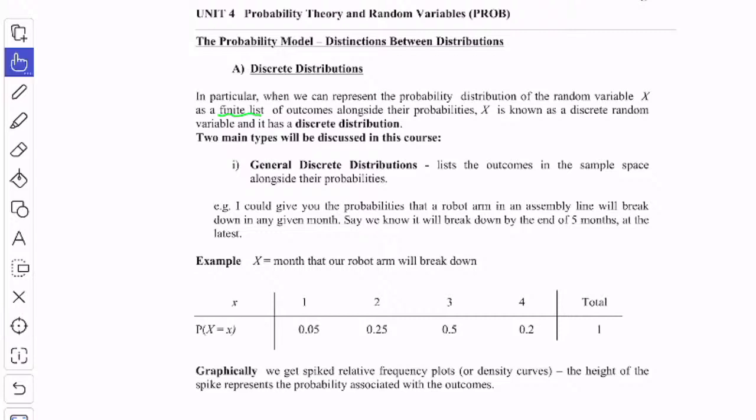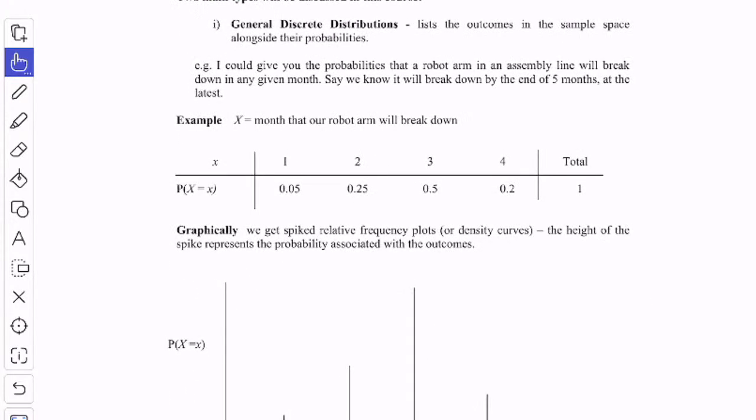Here's an example here. So what I've done is, first, under the heading General Discrete Distribution, these were determined over time. This data was collected over time, and then this distribution was derived. And what it captures, the variable that it captures, is the month that our robot arm will break down.